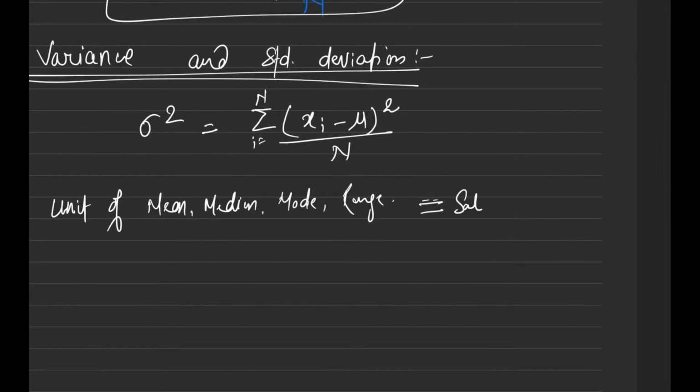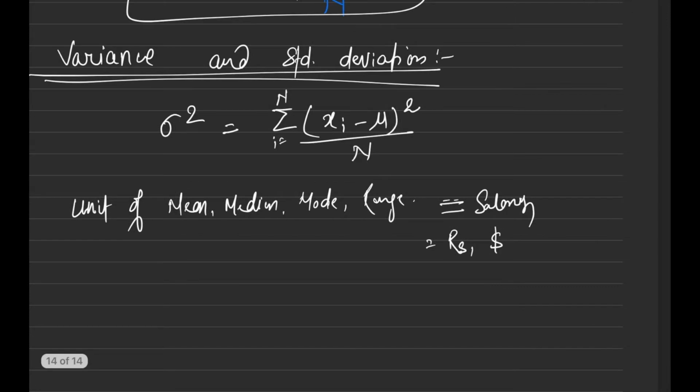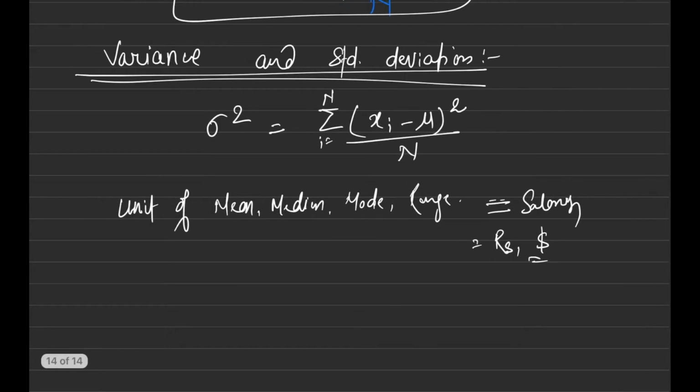Let's say if I am talking about salary, my unit will be Indian rupees or even dollars. If I ask what is the range of the Google salary, you will say 54 lakh rupees. What is the median of the salary? You might say 25 lakh rupees. Mean, let's say the mean was 12 lakh rupees. So all were in rupees.